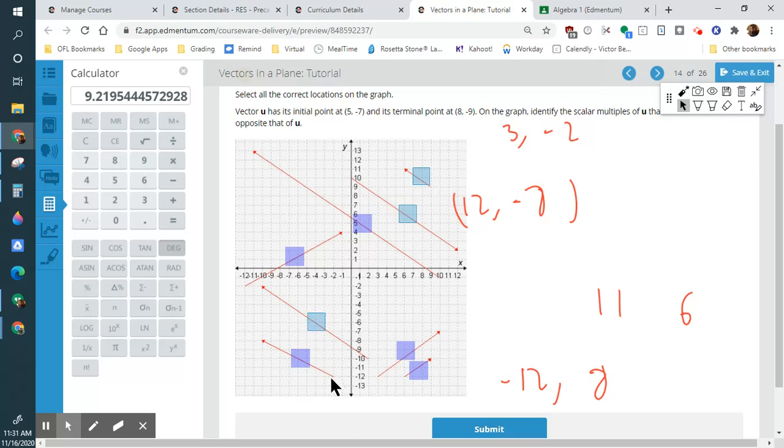Looking at this one, we're starting off at negative 2, going all the way to 8. So we're going left 8, which doesn't make any sense because we should be moving by 3s. So this one's not an answer. Let's take a look at this one.